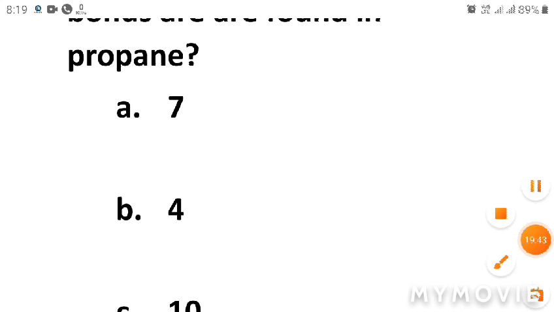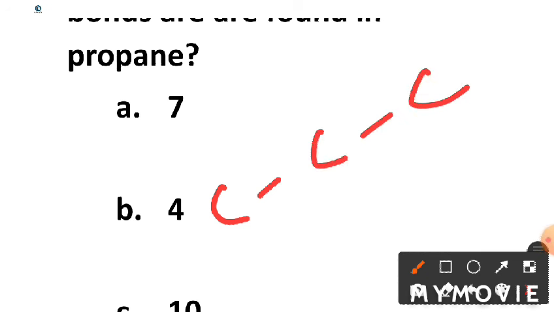Now we see propane. We know that in propane the number of carbon is 3, so we put its valency, then we derive the covalent bonds easily. Here the answer is clear, so we count single bonds and derive the answer.